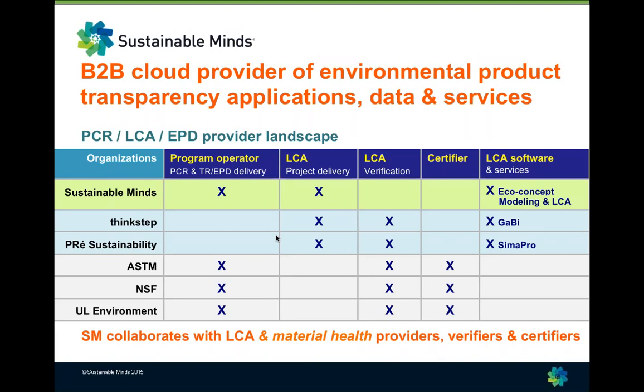So the way we scale in the industry is by collaborating with all other service providers. So every LCA provider, when they are ready to deliver a Type 3 environmental declaration for their client, they have a choice. They can offer a traditional EPD, or they can offer a transparency report. It's simply the choice of the manufacturer.